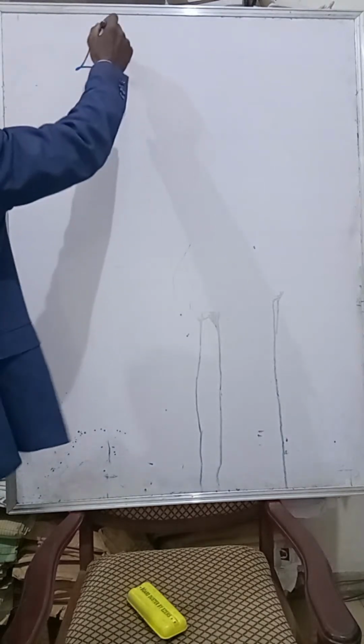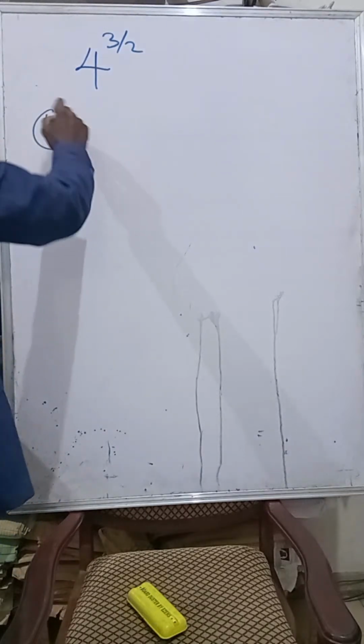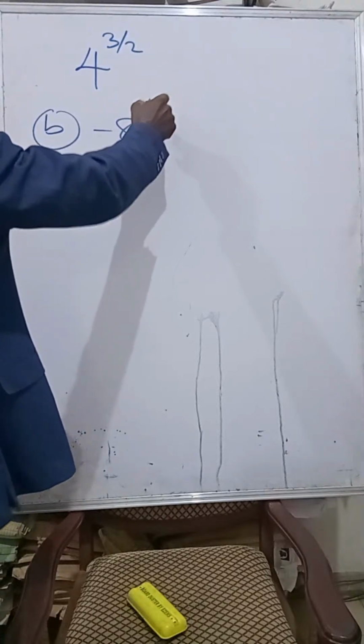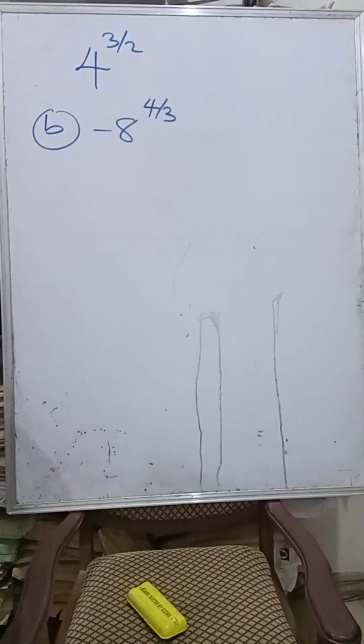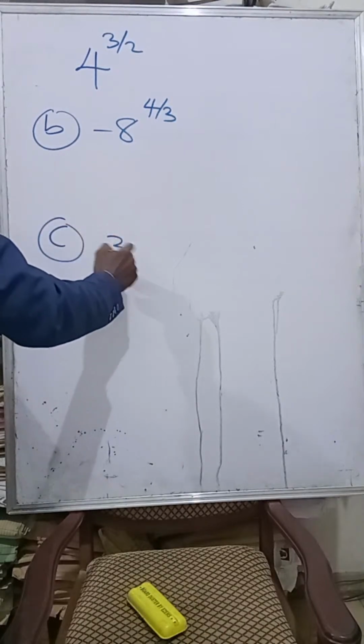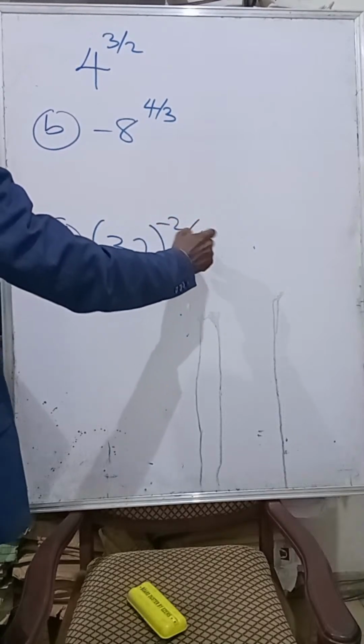Number 1: 4 to the power 3 over 2. The b: minus 8 to the power 4 over 3. C: 32 to the power minus 2 over 5.